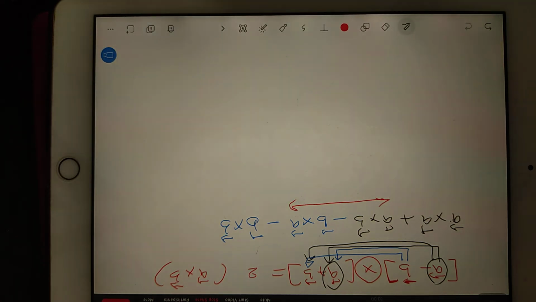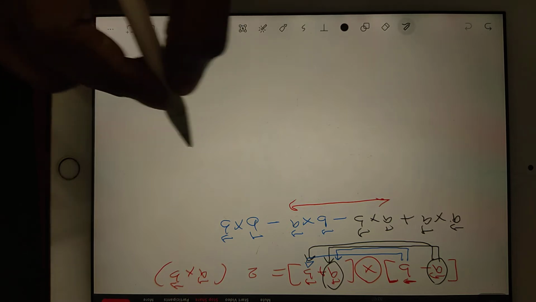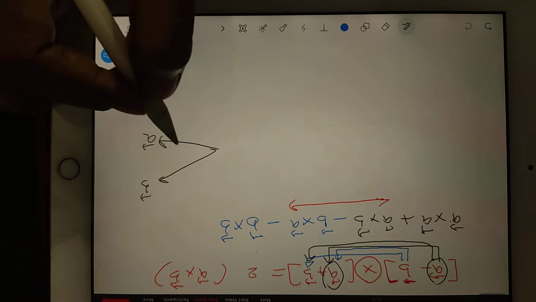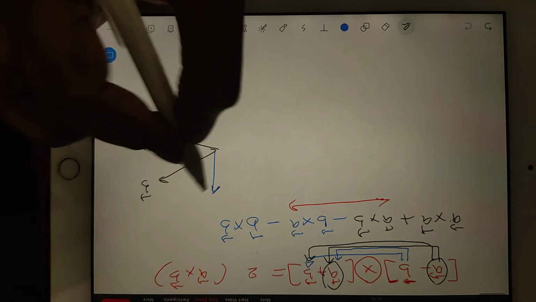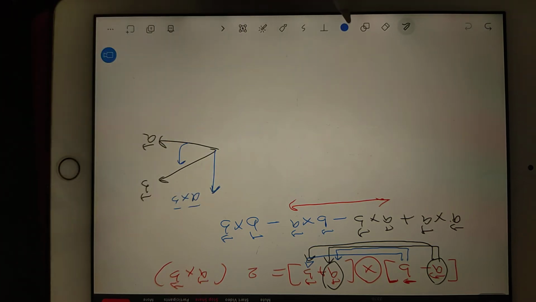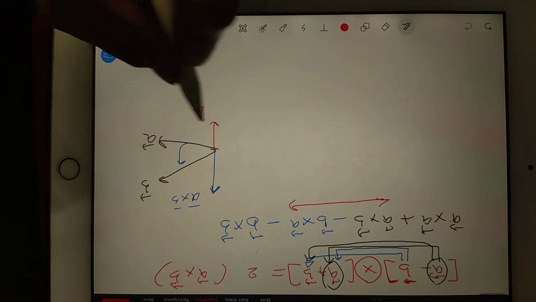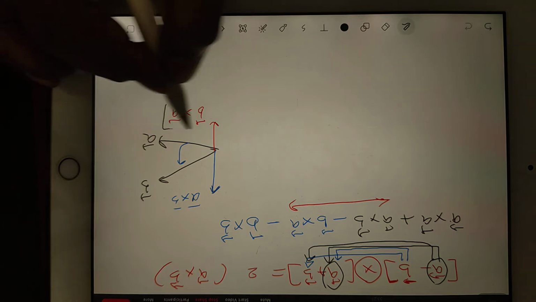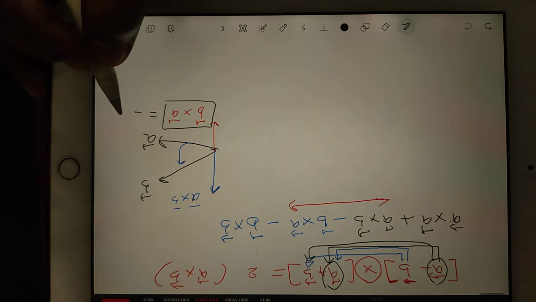These two terms, here you have one small change, you have to understand that change. We know that if you have a vector a here and vector b here, then a cross b will go upward, and b cross a will go downward. So direction wise, if you see, they are equal but opposite. It means this I can write as the negative, opposite of this, so minus a cross b.